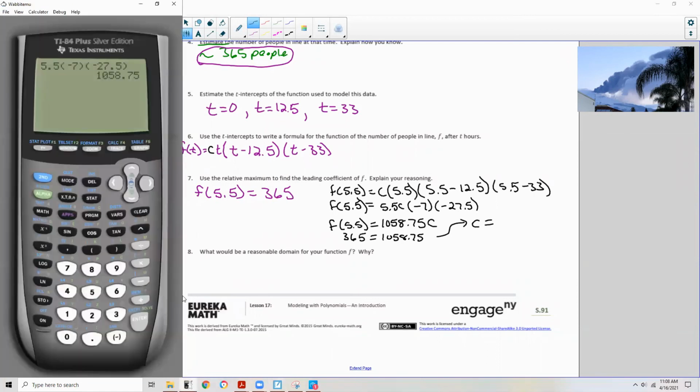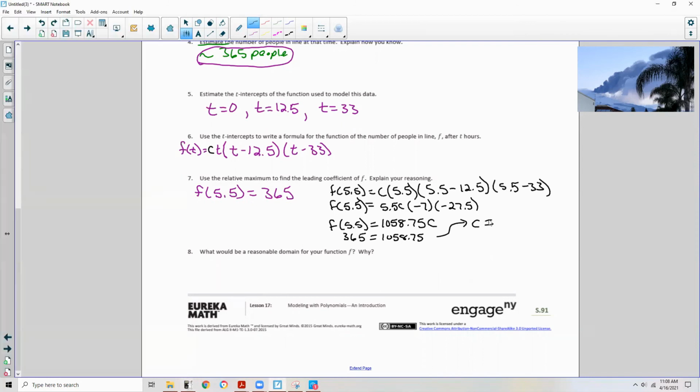So I'll get my calculator and take 365 divided by the answer I just had. And that is going to give me 0.34 approximately. So that's an approximation. That's pretty messy. All right, an approximation of 0.34.